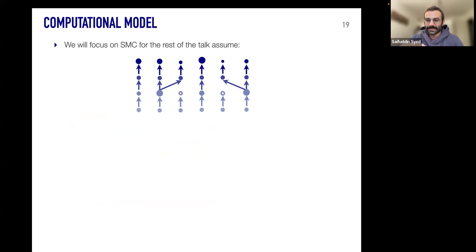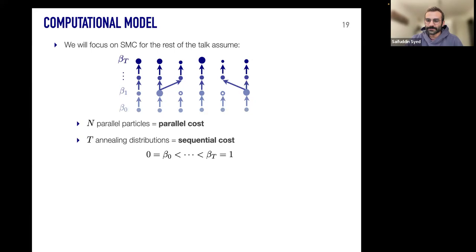Before actually doing the analysis of SMC samplers and tuning, I want to lock in the computational framework that we're going to be operating in. We're going to be assuming that there are n particles, and each particle can evolve independently of the others. So this acts as a parallel cost: these are the number of parallel particles that we're simulating.